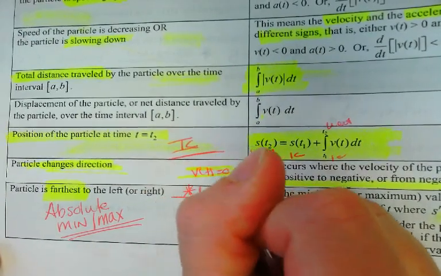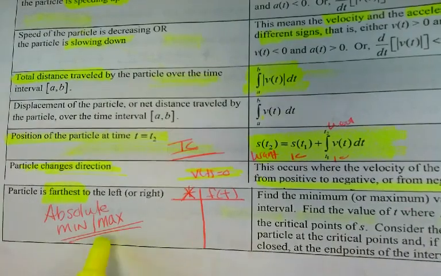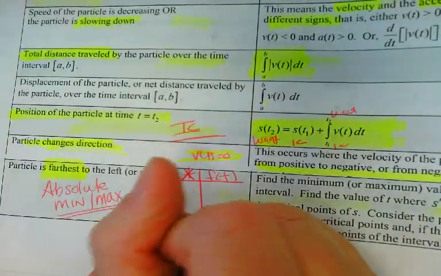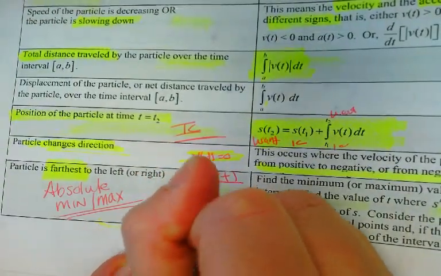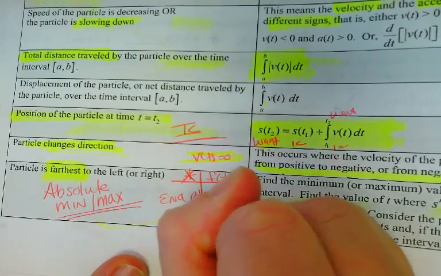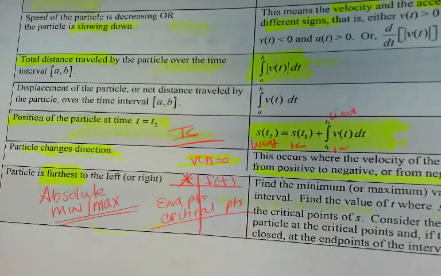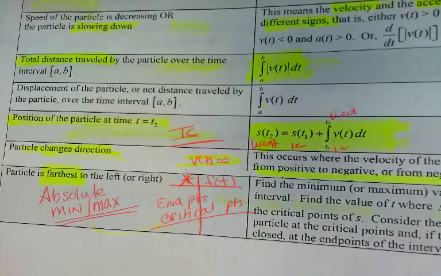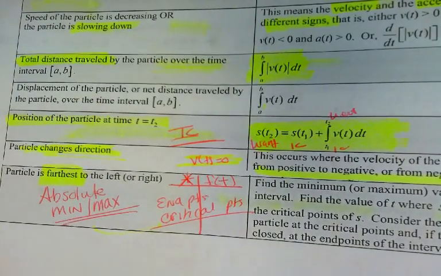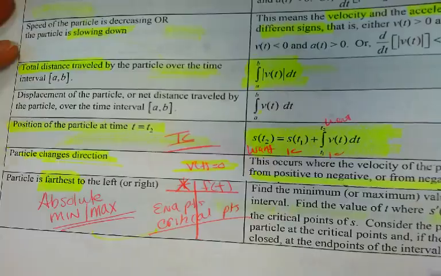So x, or whatever, t and f of t, whatever the function is, x and f of x, you have to go back to make a t chart, and you include endpoints and critical points. Right, and we'll get to some questions that have that, but that's the most important one, the one that's worth the most amount of points, is finding these absolutes, and you're guaranteed to have at least one, maybe two of those on every free response as well. Okay, and we'll have a lot of time to review here. All right, flip the page.